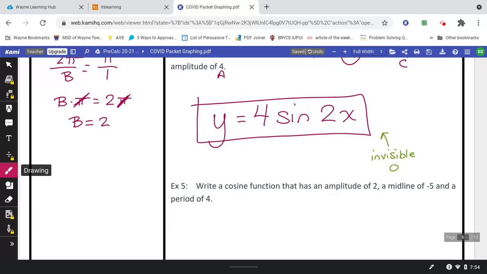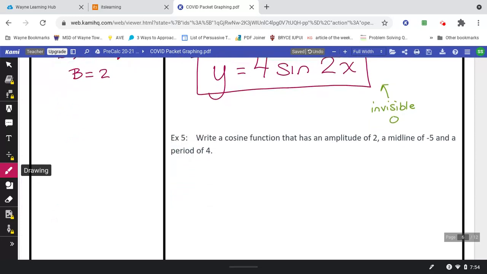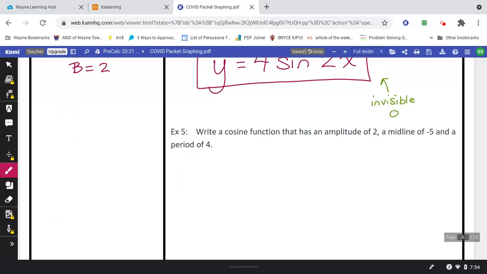Example number 5. Write a cosine graph, has an amplitude of 2, midline of -5, and a period of 4. Amplitude A, midline C. This we're going to use to find our B. So 2 pi over B, set it equal to the period that you were given.